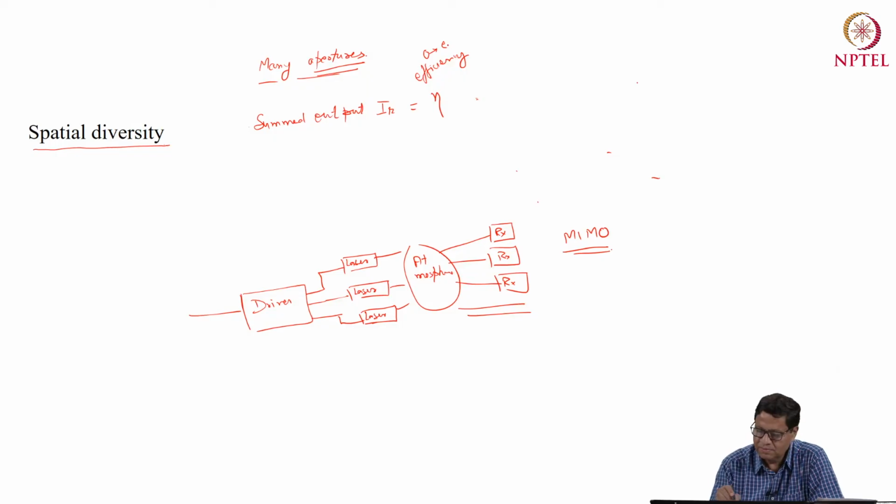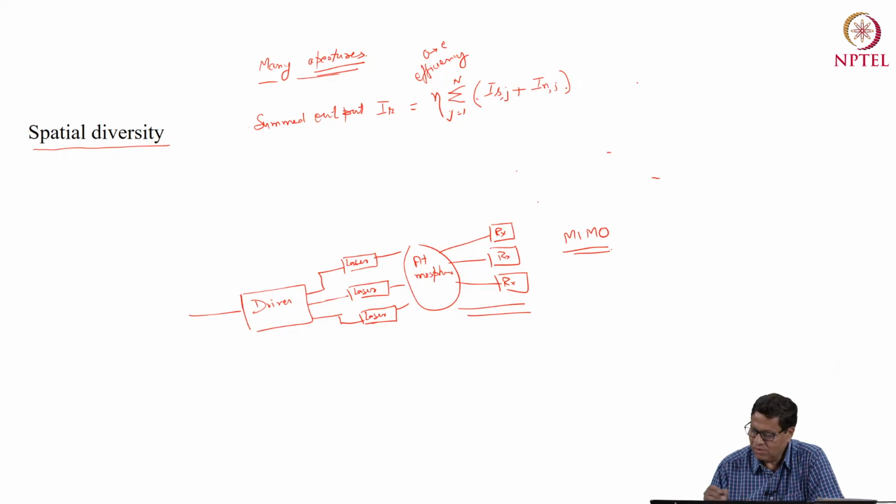So this eta is the efficiency parameter, and then you will add the signals coming from all the receivers. So this will be summation j is equal to 1 to n, suppose there are n receivers, and then I signal, the current at the jth receiver, plus there will be a noise element, so I_n at the jth receiver.